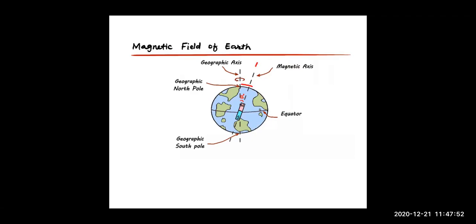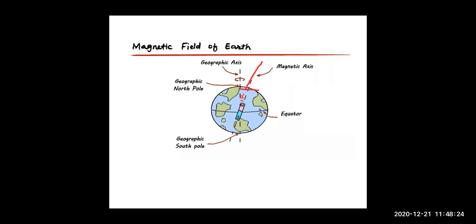It means it is aligning itself along some other axis, and this is the axis along which the Earth's magnetic field exists. So the Earth's magnetic field exists along the axis which is known as the magnetic axis, which is at an angle of 12 degrees with the geographic axis.